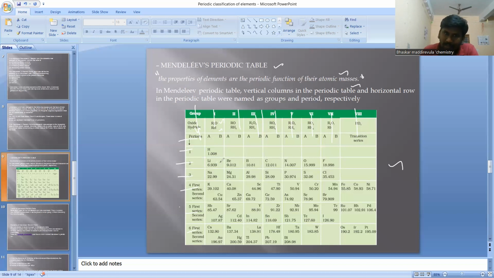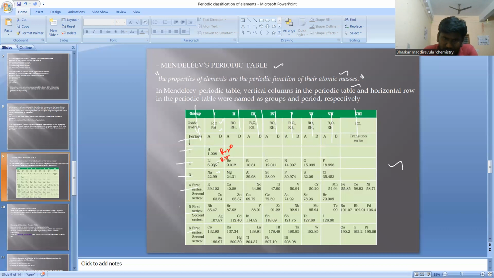For example, take lithium and sodium. Why are they kept in the same group? Simple: they give similar types of oxides and hydrides. Both give R2O type oxides and RH type hydrides.